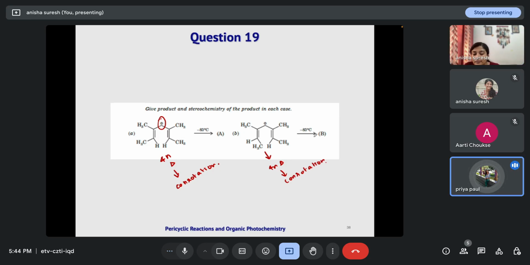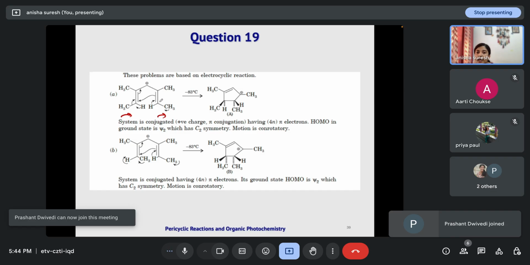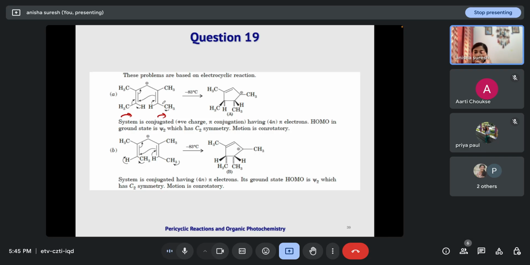A will be a cyclopentene system with both the CH3 in opposite phase, trans. Yes, like this. So here, as you can see, this is a 4n system and it will undergo conrotation. So in conrotation, it will rotate in the same direction. This CH3 which is outside will go above the plane, and this CH3 which is outside will come below the plane while rotating in the same direction.